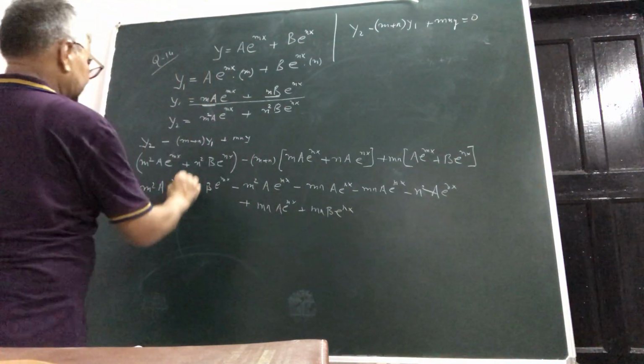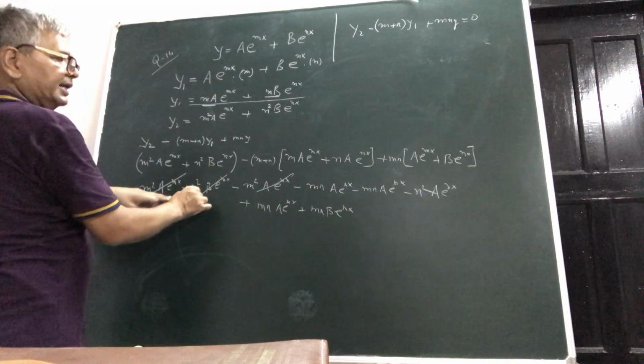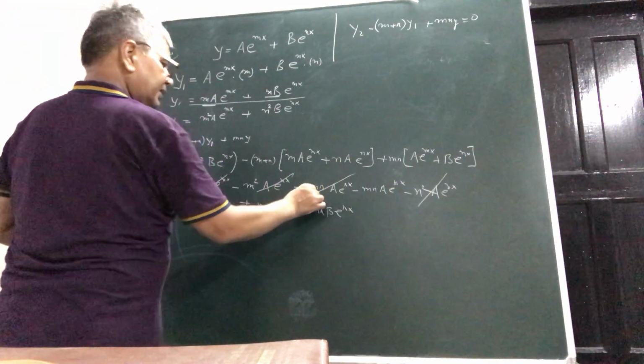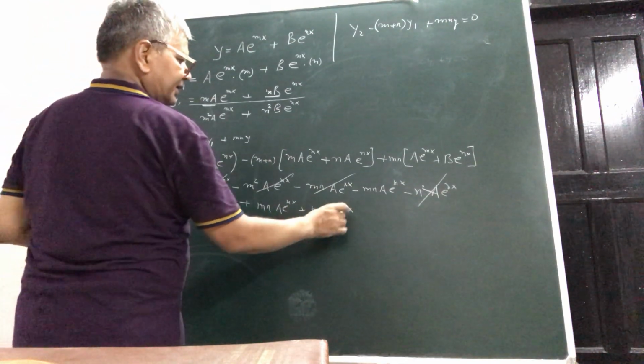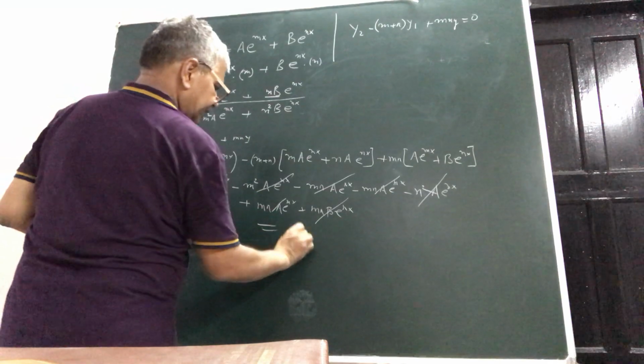Now very easily, m square a e mx will cancel with this thing, n square b e nx will cancel here, mn a e to power mx will cancel with this thing, mn b e to power nx will cancel this thing, and you will get 0.